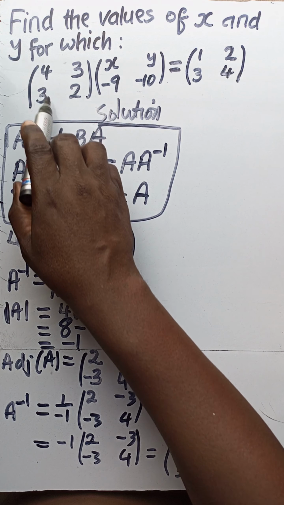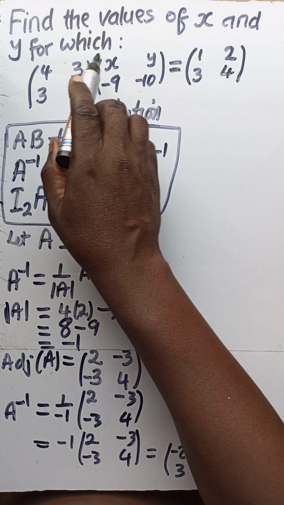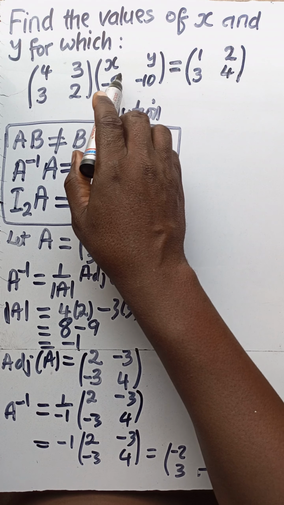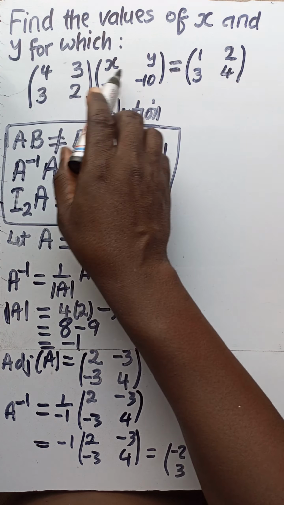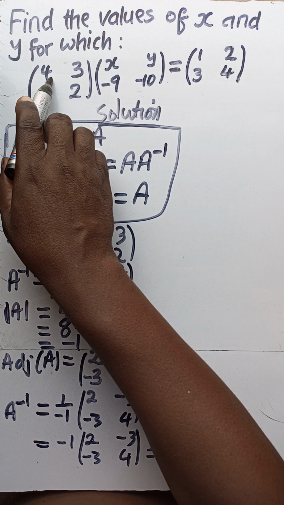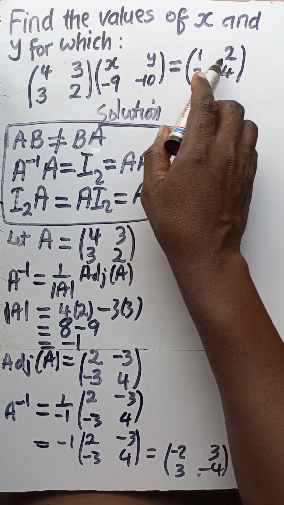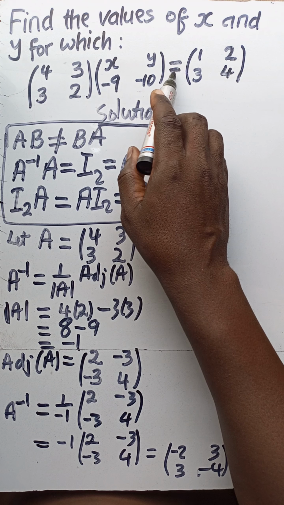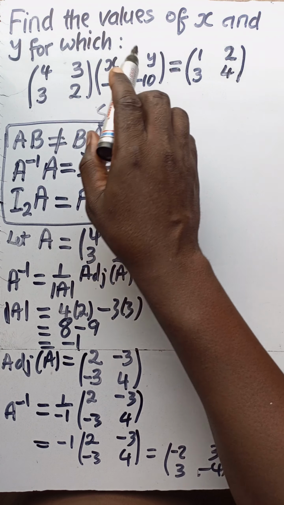So we want to obtain the identity here multiplied by this. Identity multiplied by this will just give us this. How do we get the identity? By pre-multiplying both sides by the inverse of this matrix. Remember we are doing equality. What we do to one side, we do to the other side. We'll obtain the identity multiplied by that.